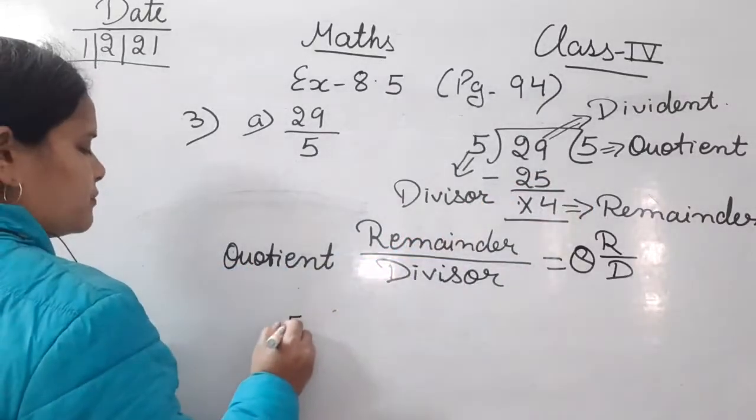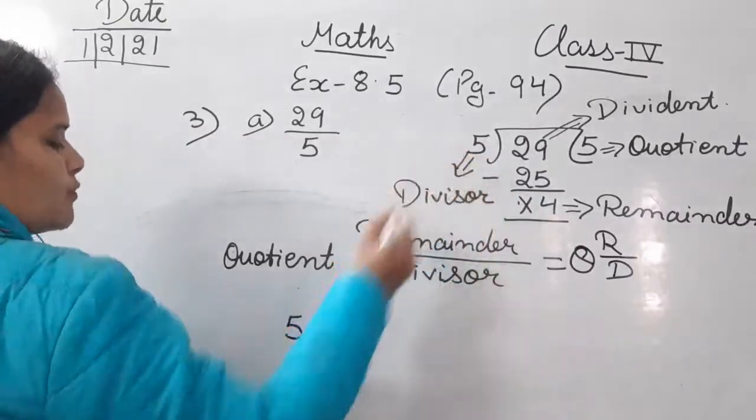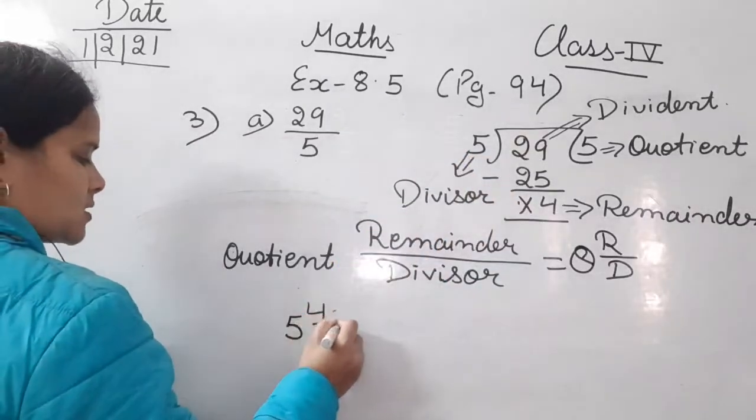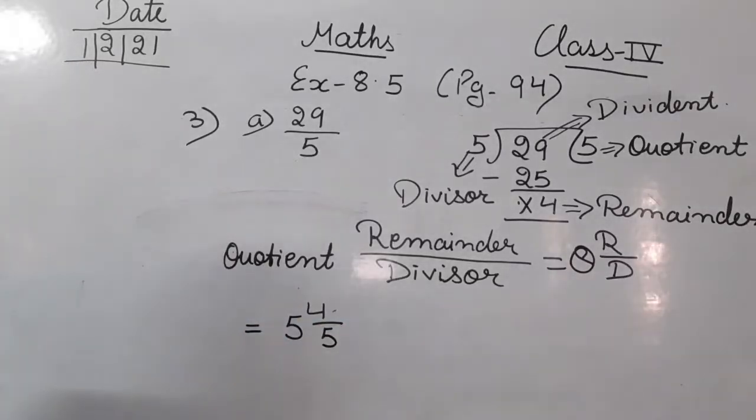That was 5. Remainder was 4 and the divisor was 5. So now we have converted this fraction into a mixed fraction, that is 5 is to 4 upon 5.